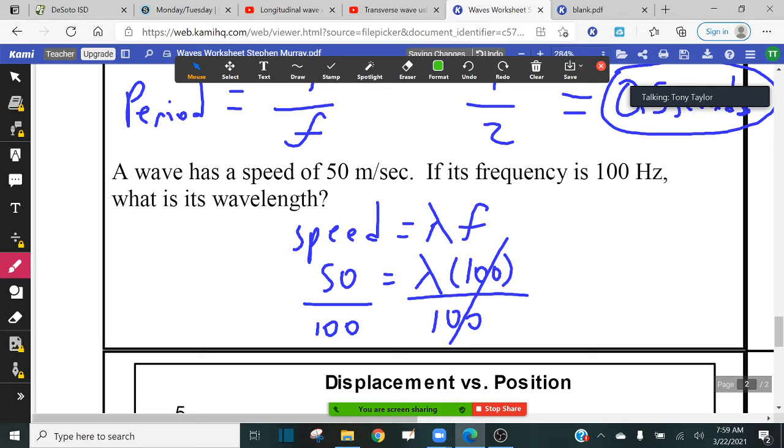What is 50 divided by 100? That is 1/2, or in other words, 0.5. Guys, please get your units right. Wavelength is a measure of distance, so wavelength is always in meters. So our answer is 0.5 meters.